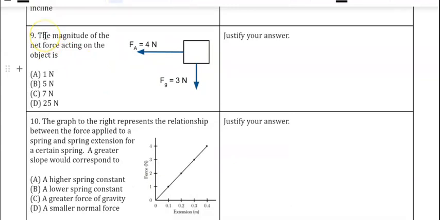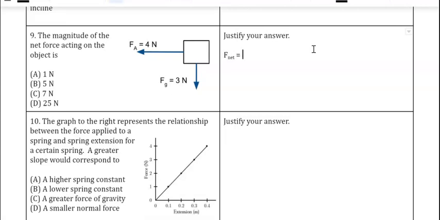Question 9. The magnitude of the net force acting on the object is what? So this was the exit ticket from one of our classes. You need to remember that the net force can be found in a few different ways.